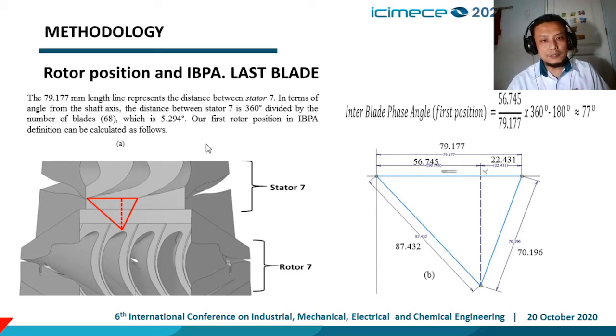Our first rotor position in IBPA definition can be calculated. So this is how we calculate: 56.74 divided by 79.17 multiplied by 360 degrees minus 180 degrees equals approximately 77 degrees.